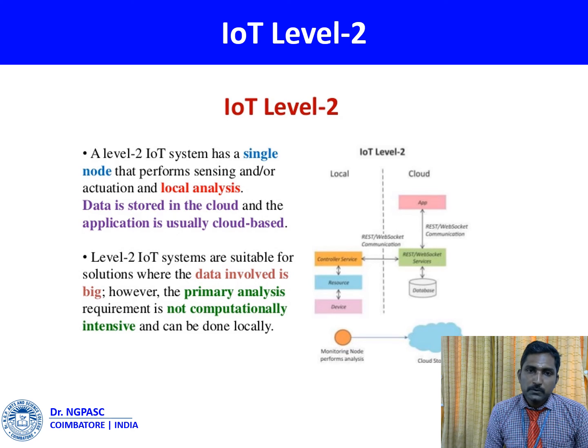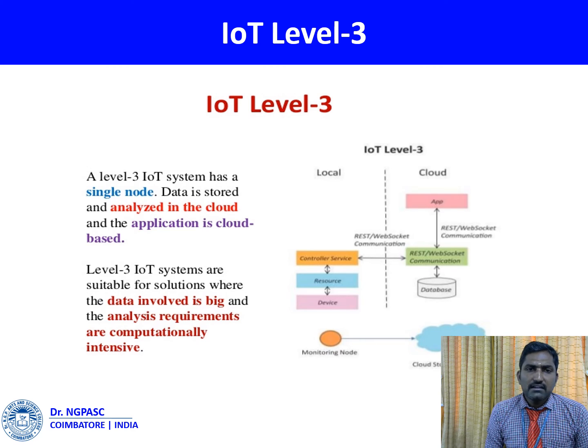Level 2 IoT systems are suitable where the data involved is big. If you want to store a huge volume of data, you go for level 2. However, the primary analysis requirement is not computationally intensive and can be done locally.